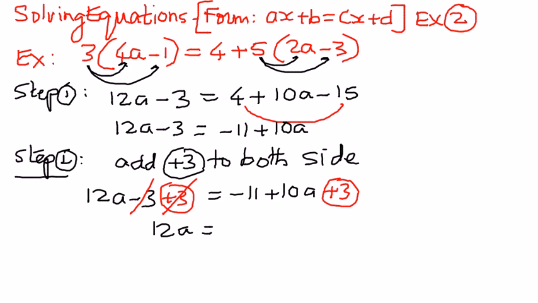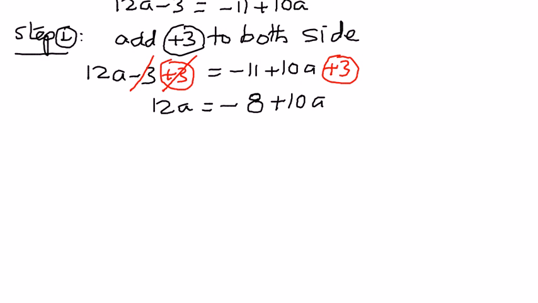Negative 11 plus 3 is going to be equal to negative 8 plus 10a. Since we have a terms on both sides, we're going to take care of that in this next step here.